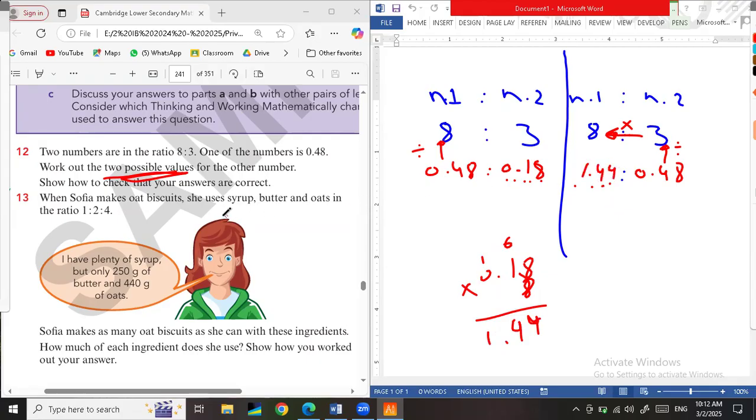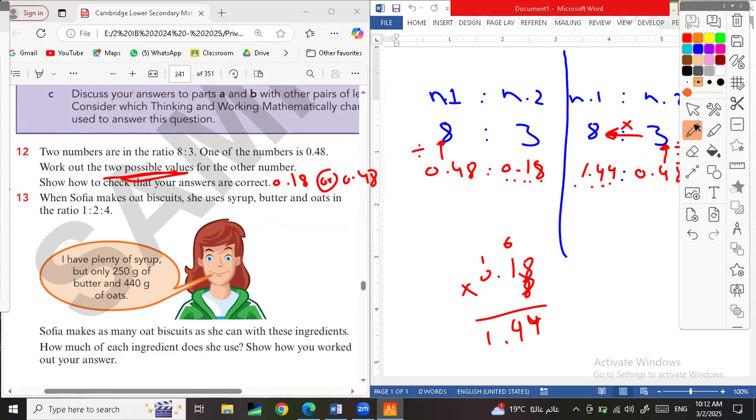So the two possible values for the other number is actually 0.18 or 1.28.